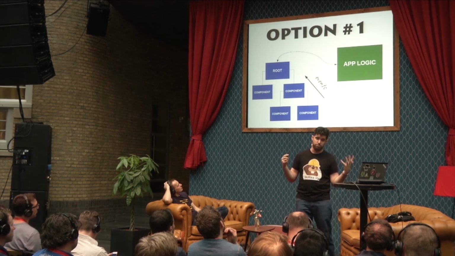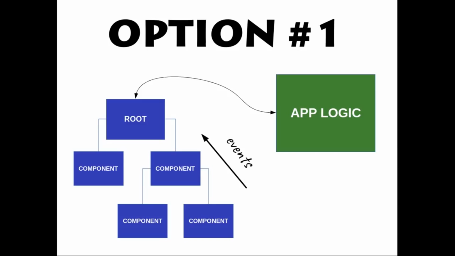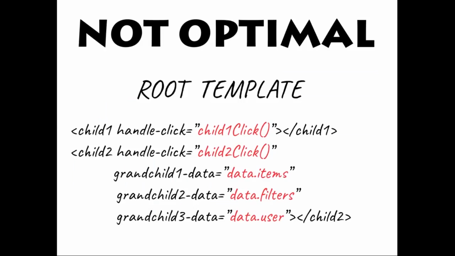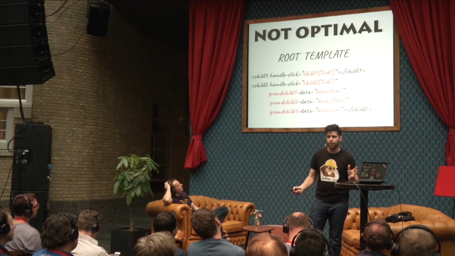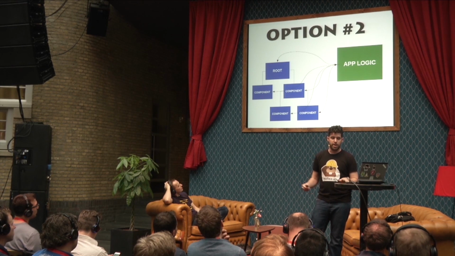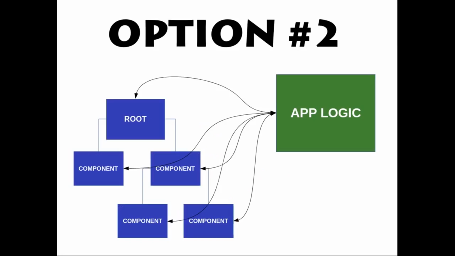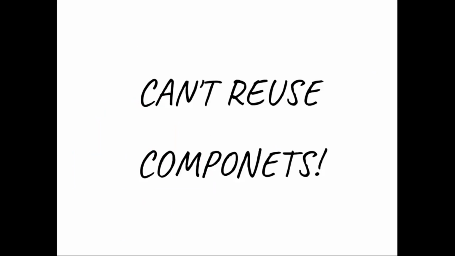But I tested it at large scale, and I ended up with this thing where now I need to know about my grandchildren's data and stuff like that, and it gets really messy and ugly, and it's not very optimal for large scale. And the other option is to just inject the app logic services into every component, but that's not optimal either, because you can't really then reuse your components for other purposes.